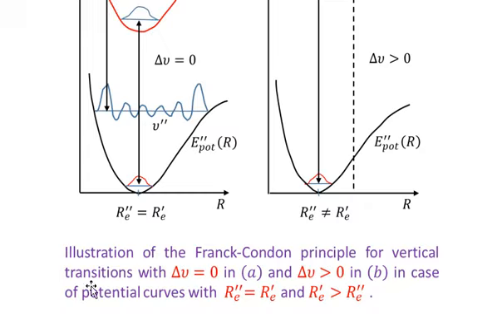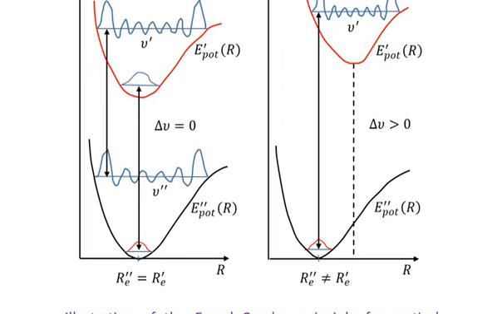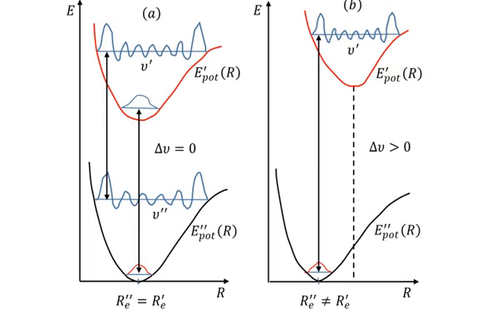So first of all, the caption: illustration of the Franck-Condon principle for vertical transitions, that is between the vibrational levels with delta V equal to 0 in part number A. You can see that in part A, the transition occurs for delta V equal to 0, that is between the same vibrational levels from the upper electronic state and from the lower electronic state.